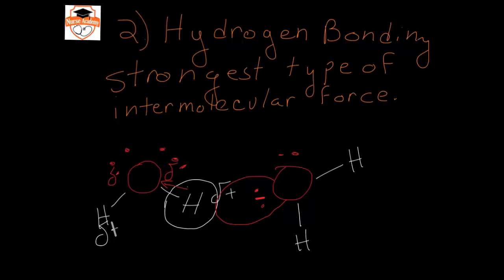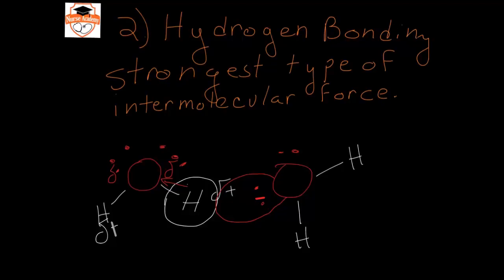Another neighboring compound or molecule, let's say oxygen, could put the lone pair of electrons that it has, and it has an orbital that has those electrons, and they line up very nicely with this electron deficient orbital here on the hydrogen. And so you get a very special intermolecular force here that occurs, which is called hydrogen bonding. And it's more than just a dipole-dipole interaction. It has a specific geometry.